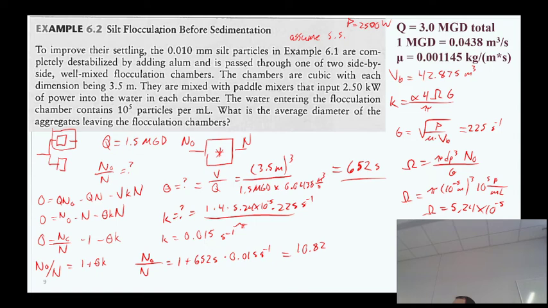Multiply n naught over n by the initial volume of the complex. You're on the right track, because that'll give you the ratio of the volumes. But then you need to convert to diameter, because the question's asking for the average diameter.